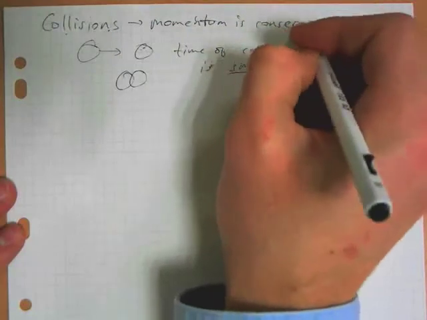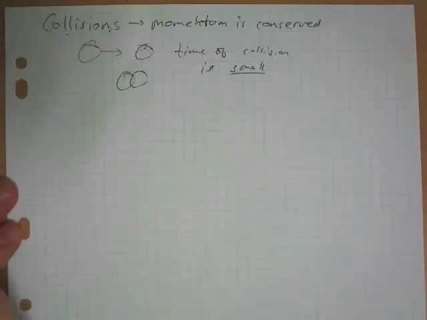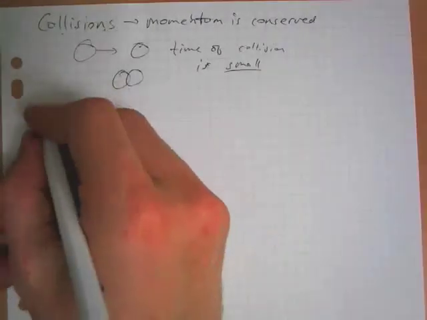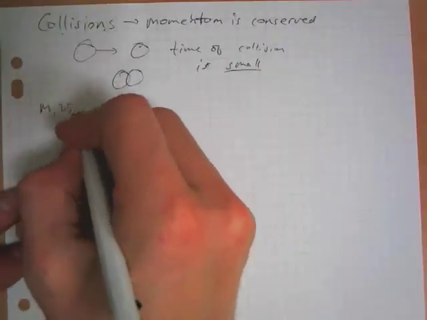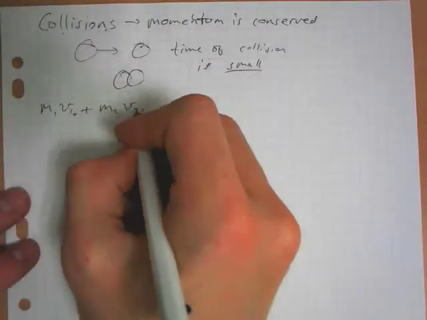I said these things are very small. When I say they're very small, they're really, really small. The momentum that could be lost to friction or other things like that during a collision is negligible. So when we have a collision, momentum is conserved, and we're applying conservation of momentum.